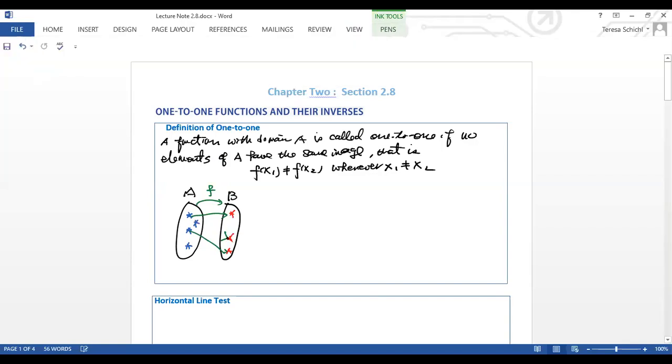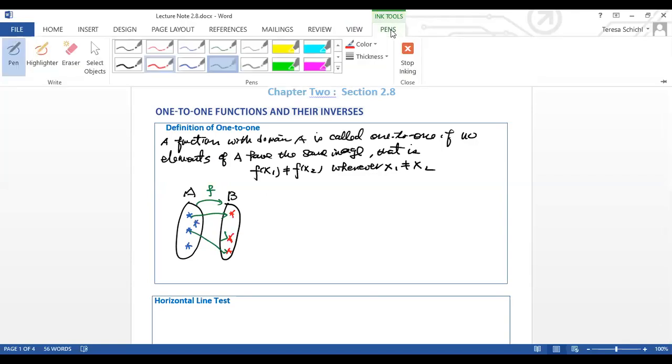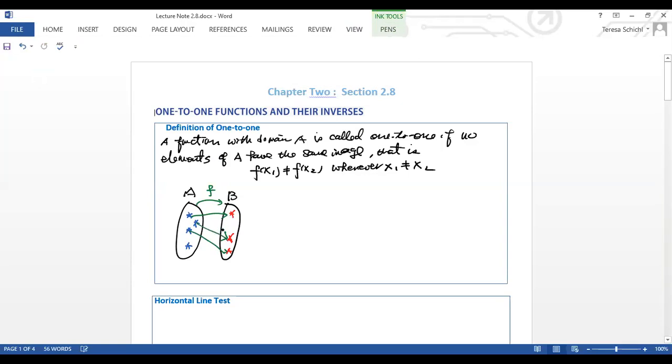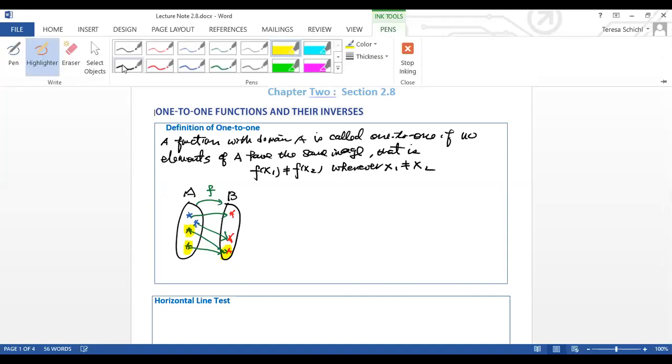In the functions we talked about before, if I have two values in the domain A that both go to the same value in B, this is still a function.